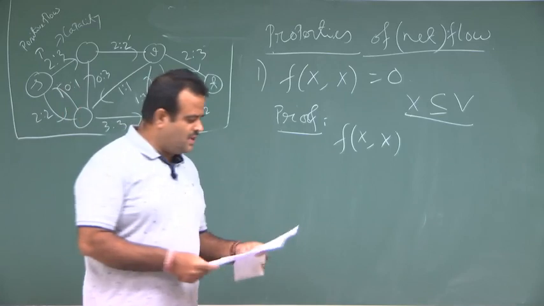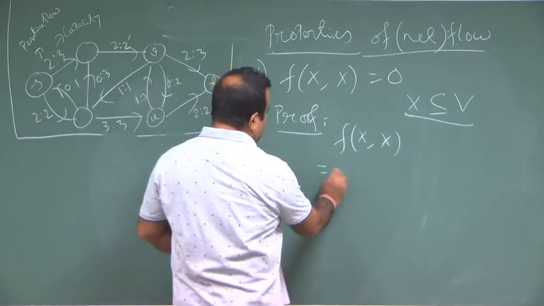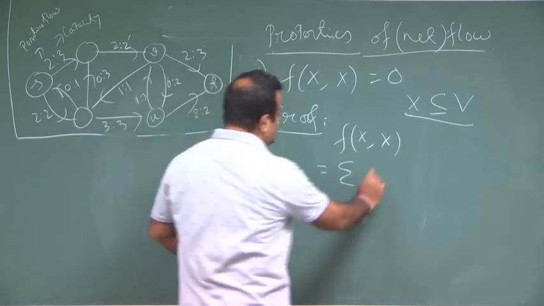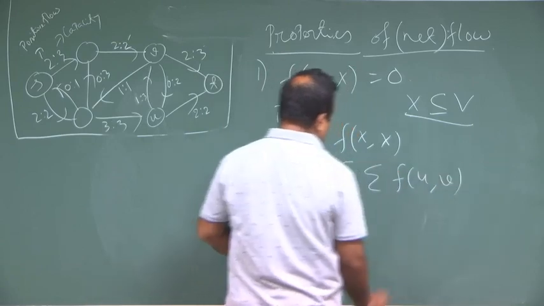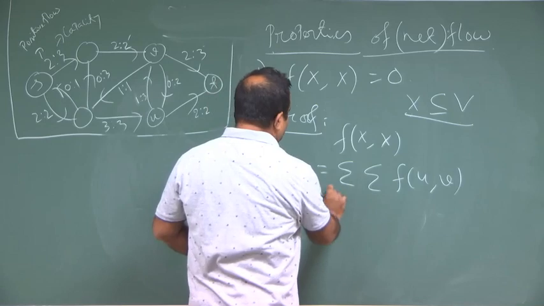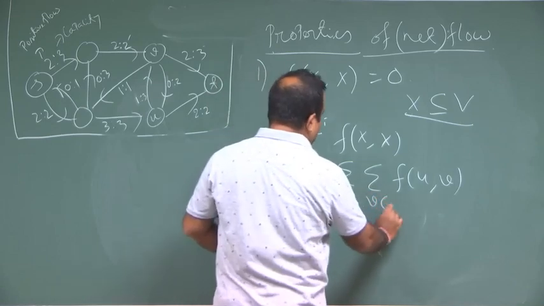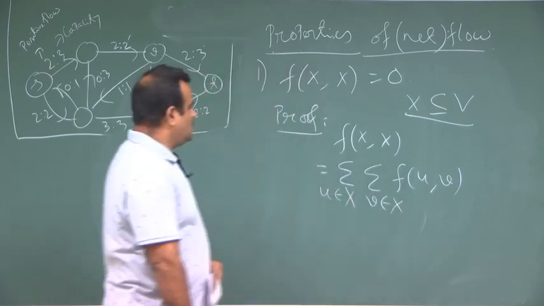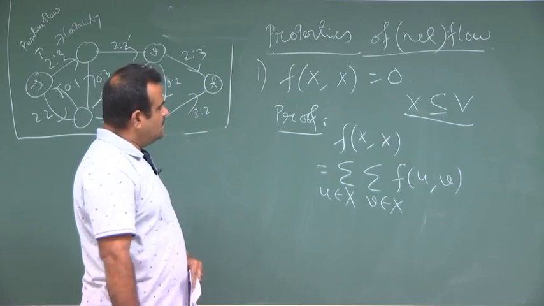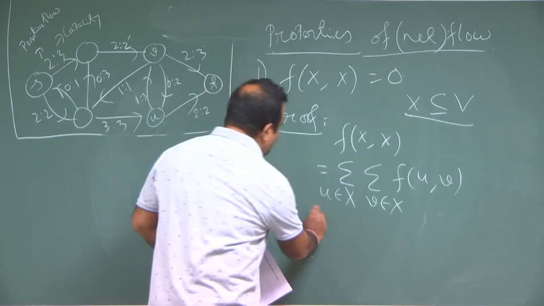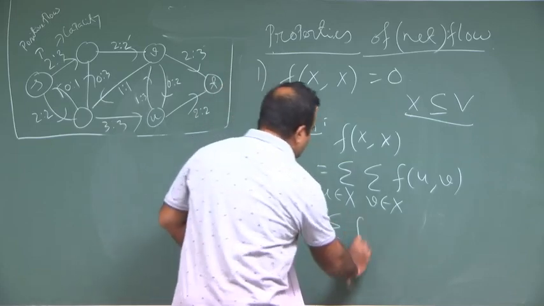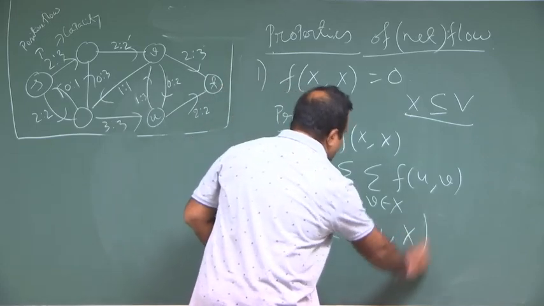So this is nothing but the double summation of f of u comma v, where u belongs to x and v belongs to x, both belong to x.